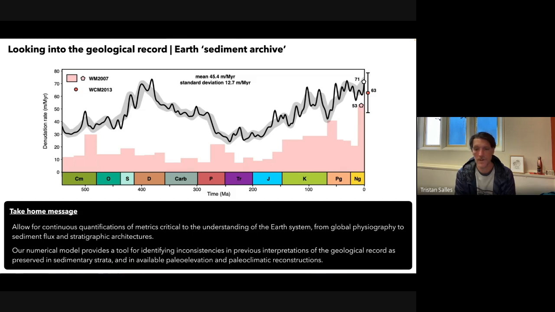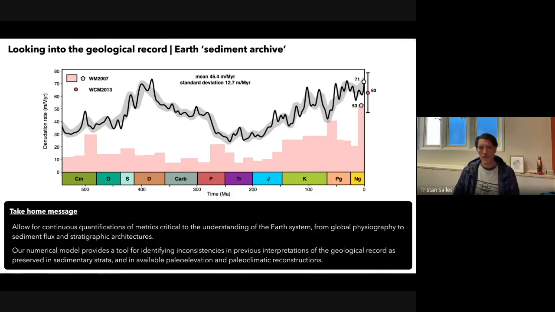We believe it can be used to improve available paleo-elevation and paleo-climatic reconstructions. At the moment, the process we use for this improvement is mostly looking at specific places around the world, but obviously there is work that can be done to improve the way we evaluate these models.